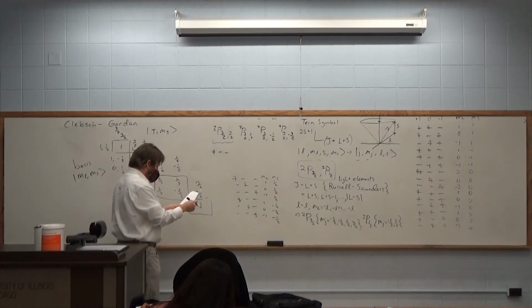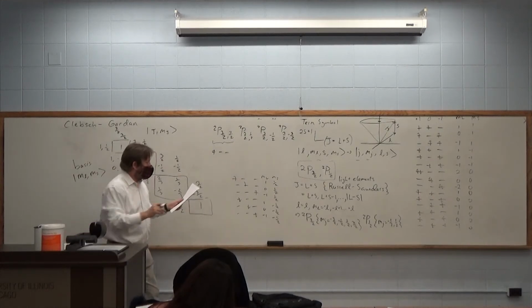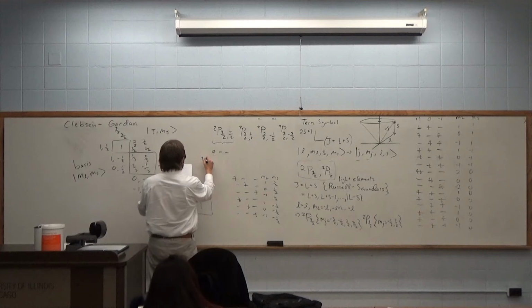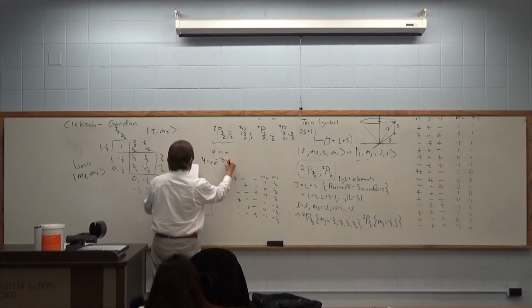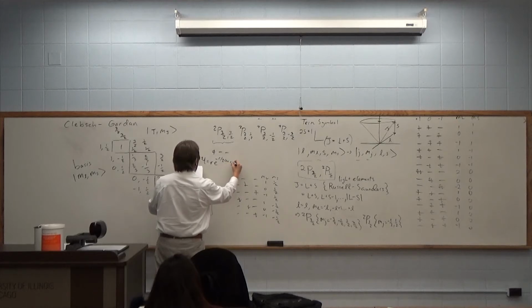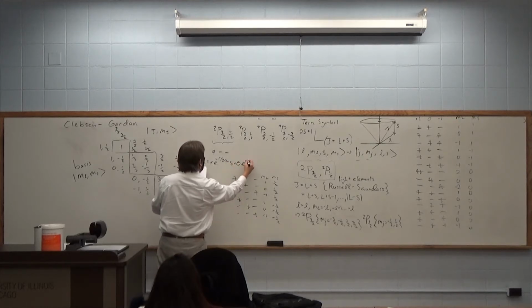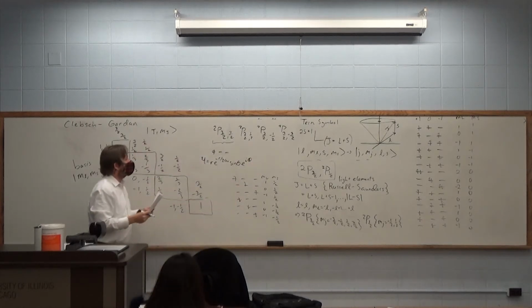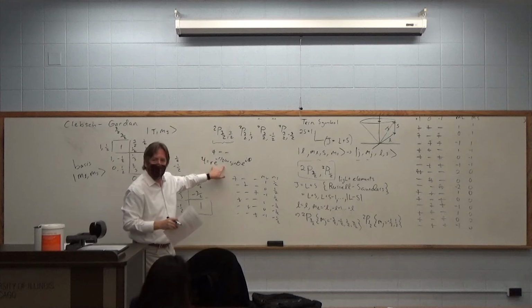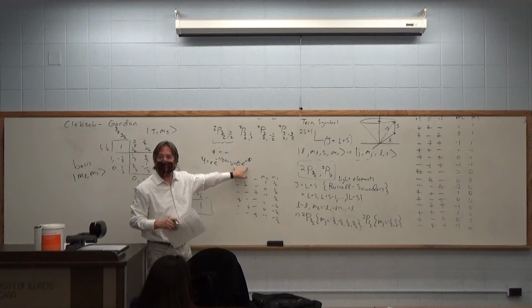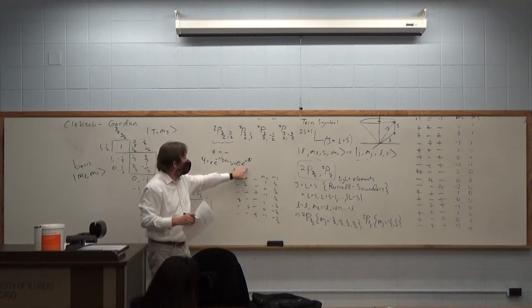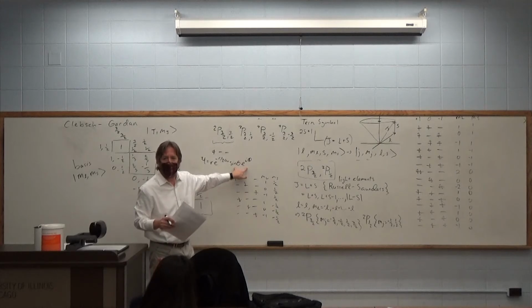Actually, I had written this. The wave function would be r e to the minus r over 2a naught sine theta e to the i phi. So the 2p radial wave function, and then this is the p plus 1 spherical harmonic, right?